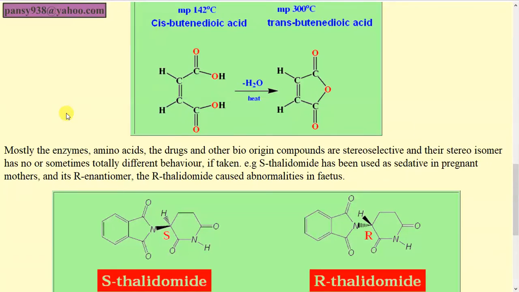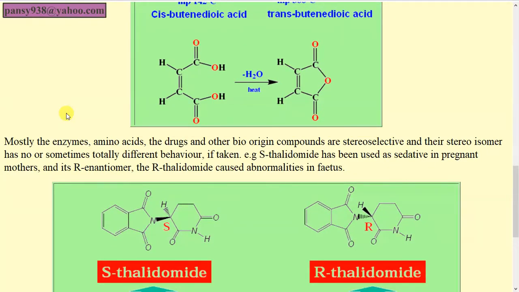Here is an example of S and R thalidomide, which is a very famous compound and has been used largely as a sedative for the treatment of pregnant mothers to make them calm.